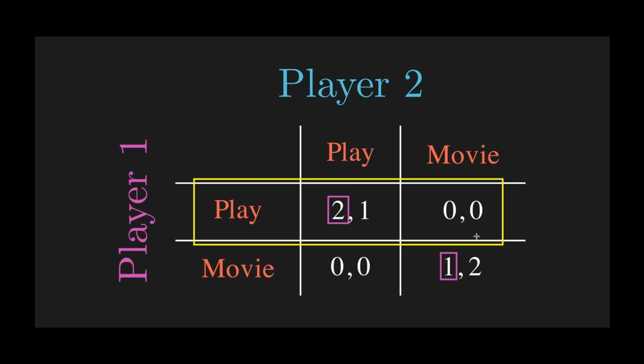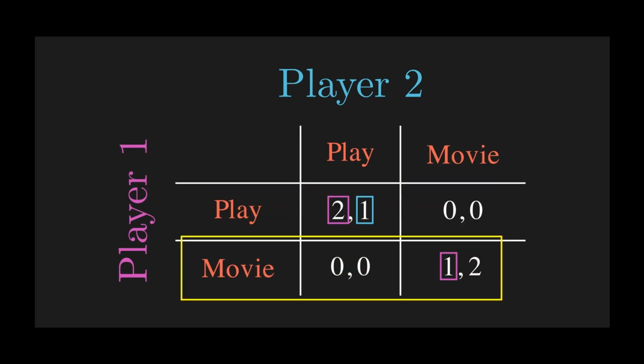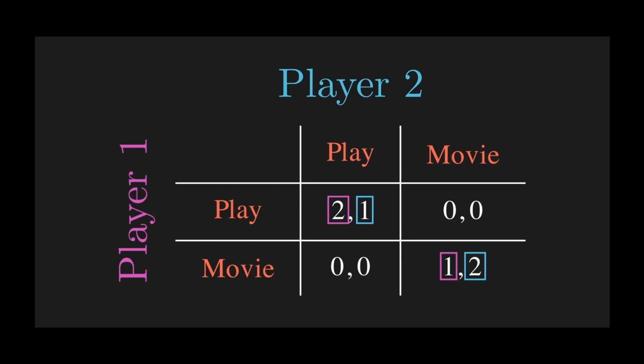So in this case, if your date is going to the play, you should go to the play. And then if your date is going to the movie, again, you should go to the movie. So this tells us that we have, for player 2, a best response that's also not a dominant strategy. What player 2 does should depend on what player 1 does.